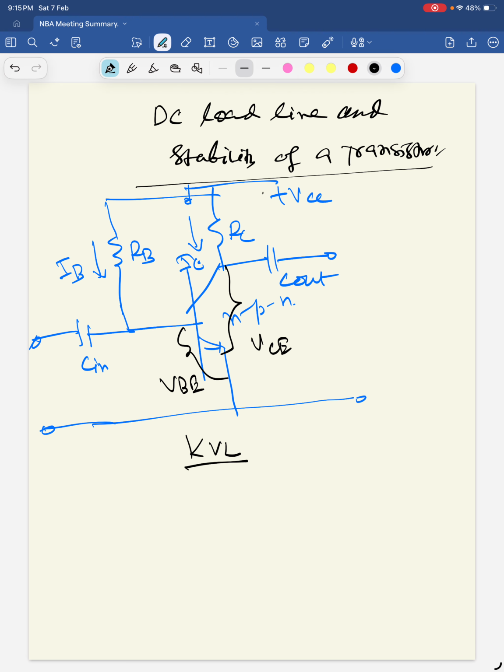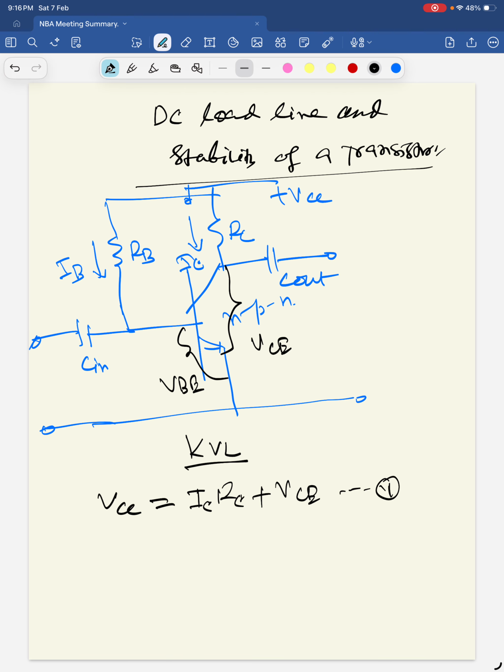So in this path, VCC, ICRC plus VCE. Using KVL in this path, we can write VCC is equal to total source voltage, that could be IC into RC plus this collector to emitter voltage, that is VCE. Say this is number one expression.